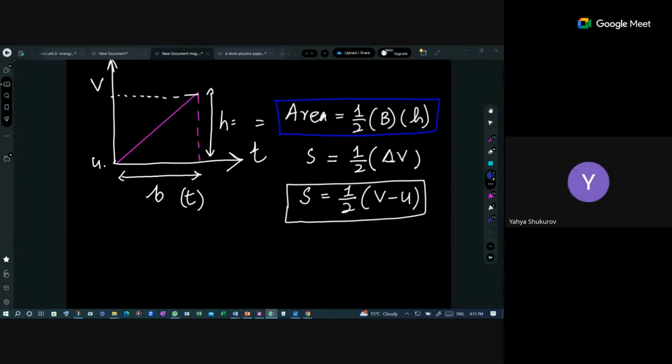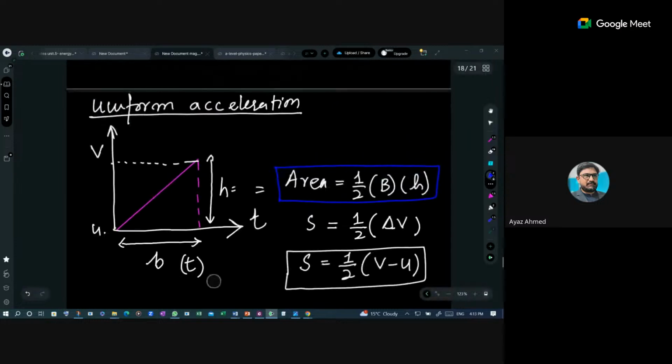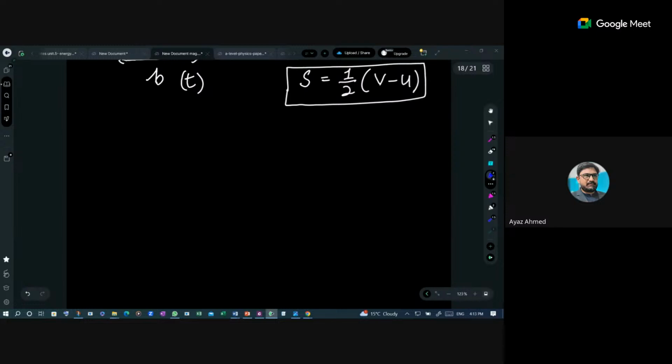Now this was the graph when the body has a uniform acceleration and starts from rest. Now if there is a uniform acceleration but the body does not start from rest, then you will have a different graph.